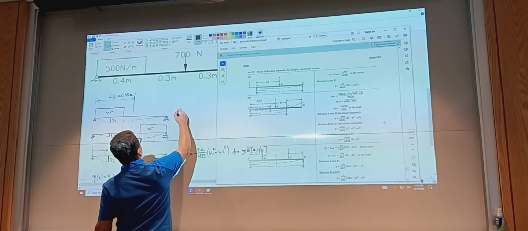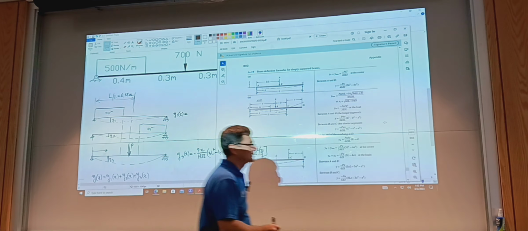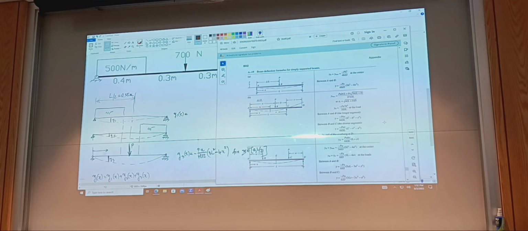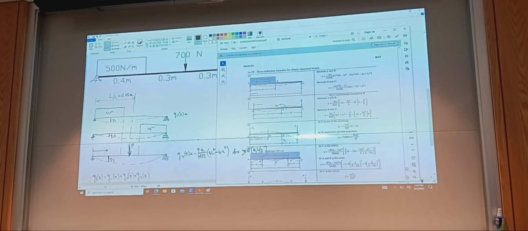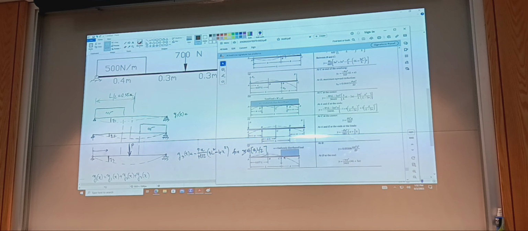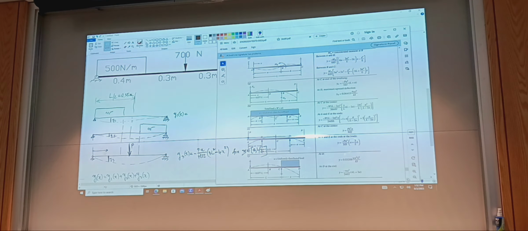Let's look at this one. So I have y1 of x equals. We need to go to where we have A. Let's see, is this our case? Uniform distributed load. No, this is an overhang.